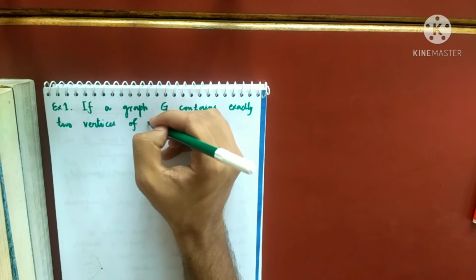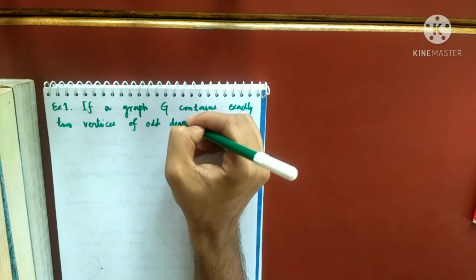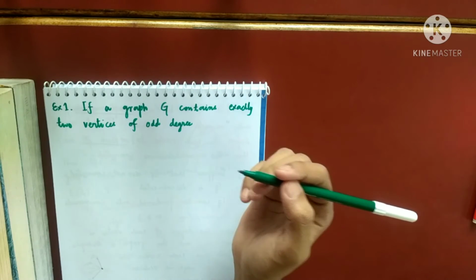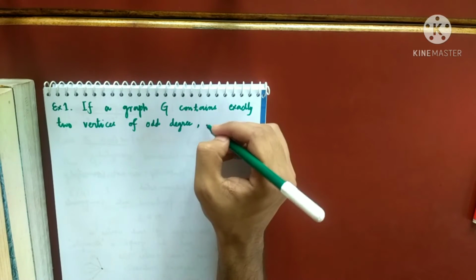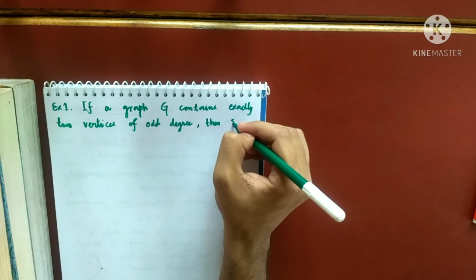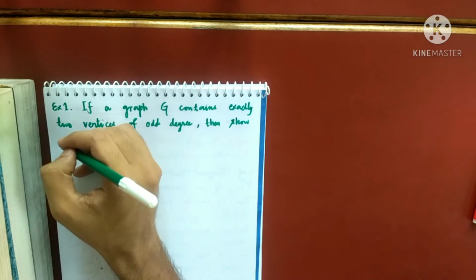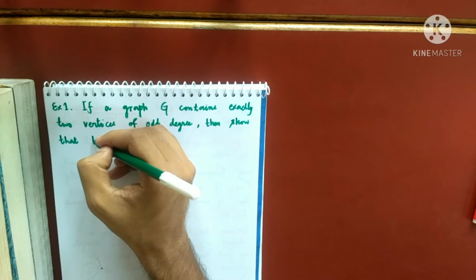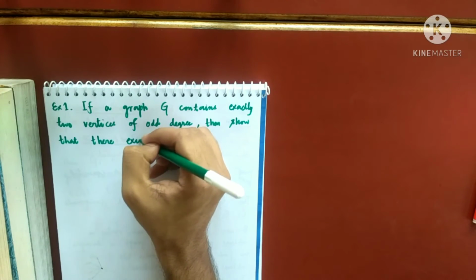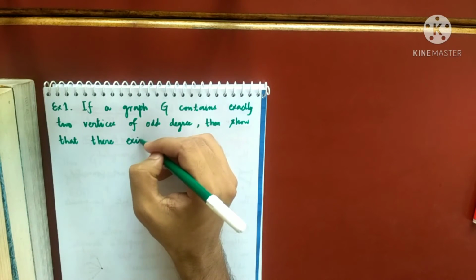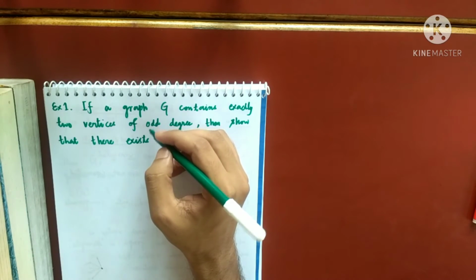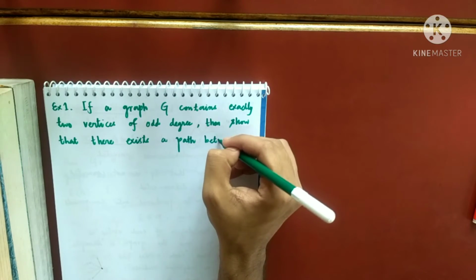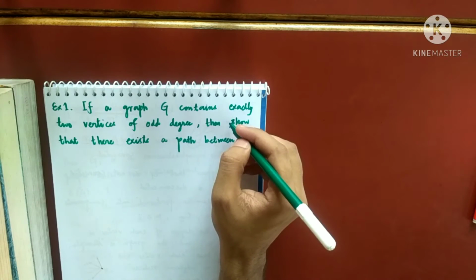If a graph G contains exactly two vertices of odd degree, then show that there exists a path between these two vertices.